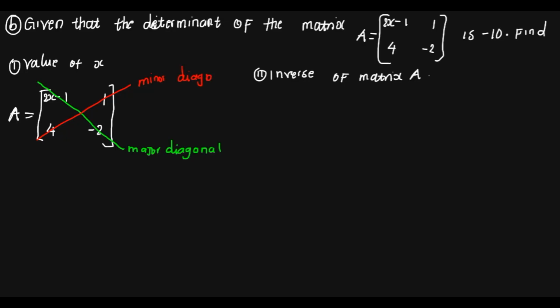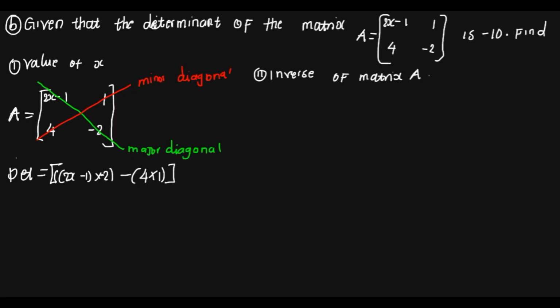Okay, now let's look at the formula for the determinant. So determinant is equal to, we need to multiply entries from the major diagonal. So this is 2x minus 1 times -2, minus 4 times 1.